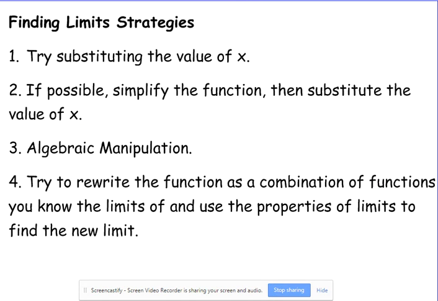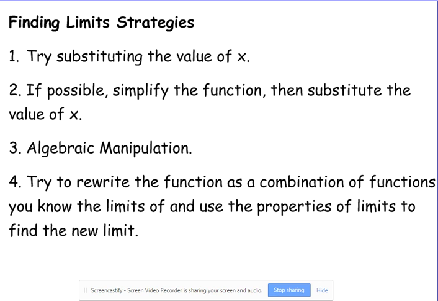So here are some strategies. They're there on your paper. Always, if you're trying to find a limit, try substituting in the value of x first. If that doesn't work, try to simplify the function, i.e. factoring, and then substitute the value of x. Number 3, you need to do some algebraic manipulation.